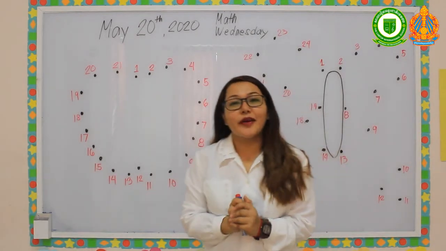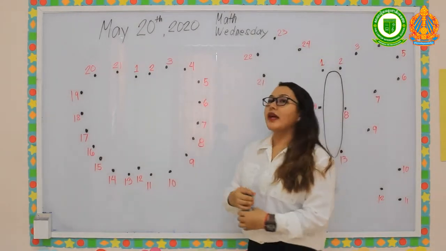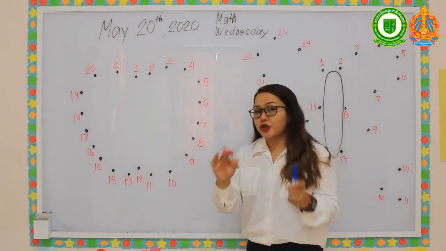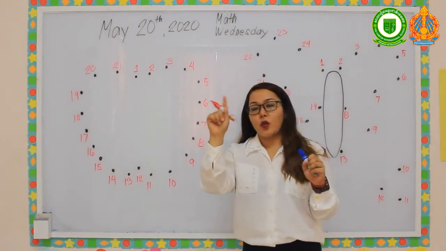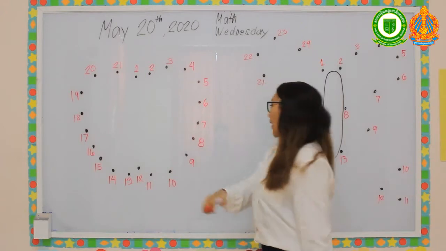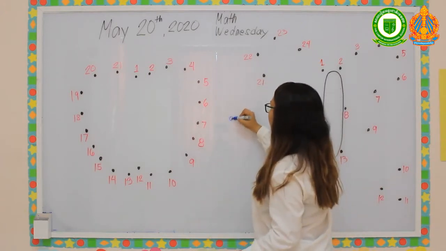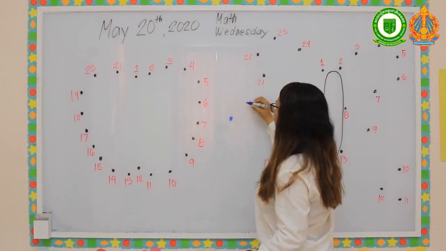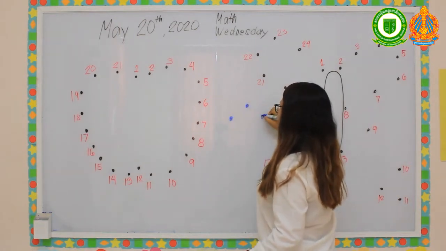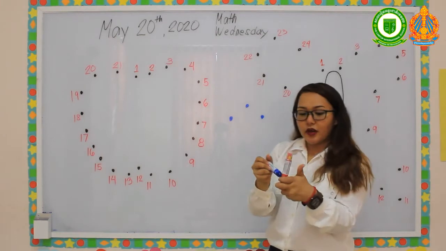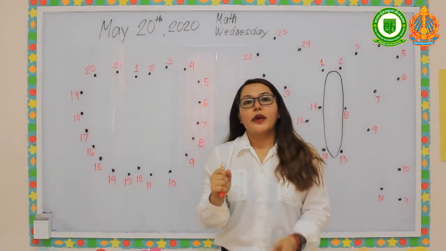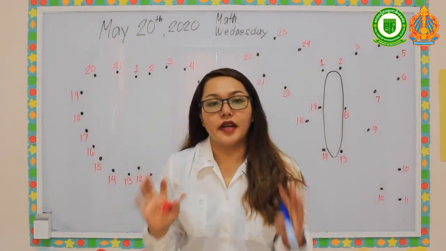So what are we going to do, kids? We are going to connect. So draw a line from one dot to the other dots. For example, I give you an example. This is a dot. This is a dot. This is a dot. So here's what we're going to do. We are going to follow the numbers.